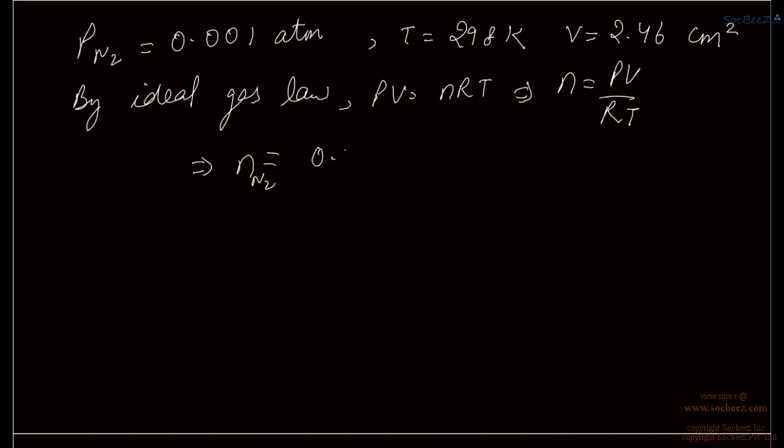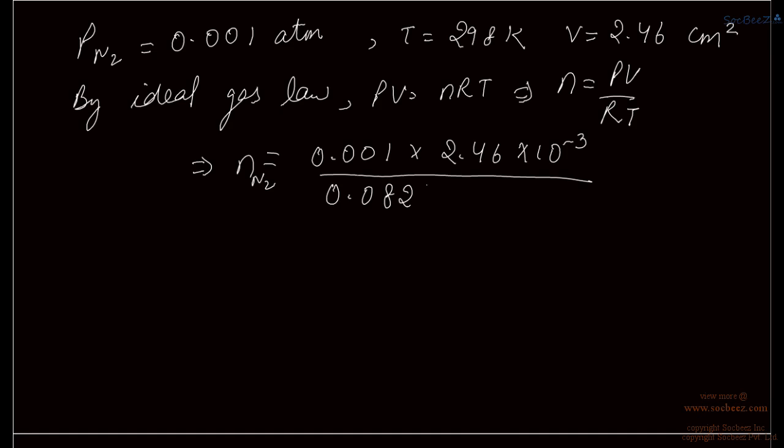So the value of n of N2 is 0.001 into 2.46 into 10 raised to the power minus 3. We have converted the volume into liters, okay, or meter cube. Divided by 0.081, this is the universal gas constant, into 298. So from here the number of moles of nitrogen is 10 raised to the power minus 7.